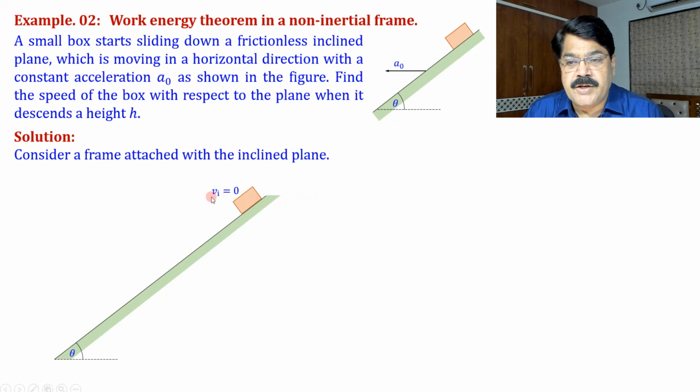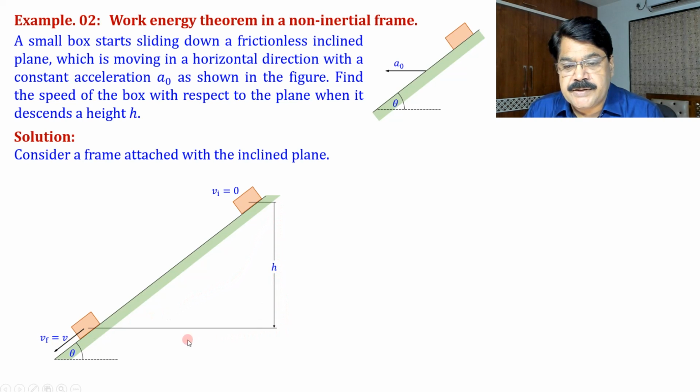Initially, V initial is 0 because the box starts sliding from rest on the inclined plane, and after some time when it descends height h, let us assume its velocity V final is V. So how much distance has it traveled? What is the displacement of the box with respect to the inclined plane? That is from here to here, and you can see that will be h cosec theta. So that is the displacement of the box, h cosec theta.